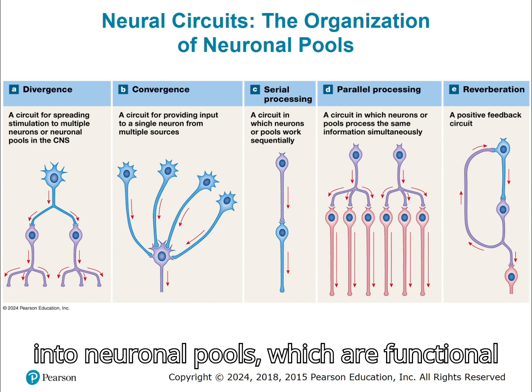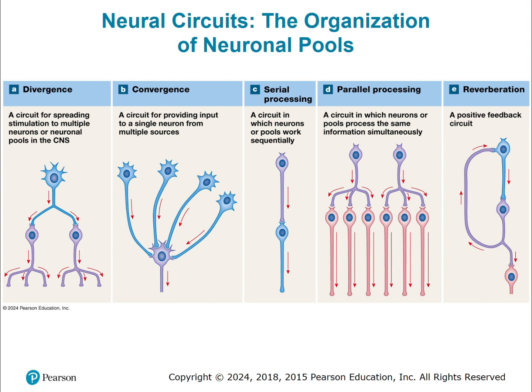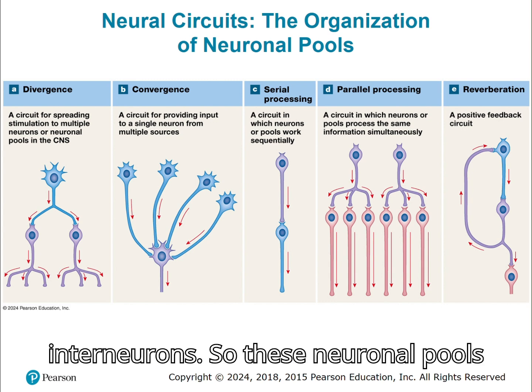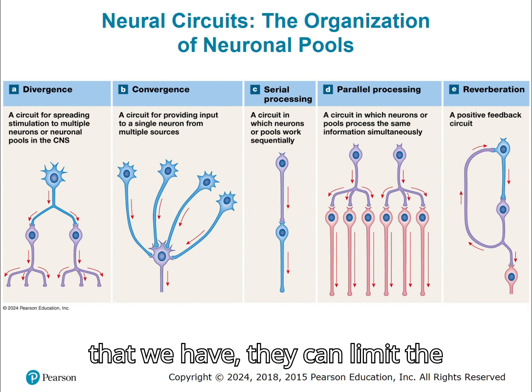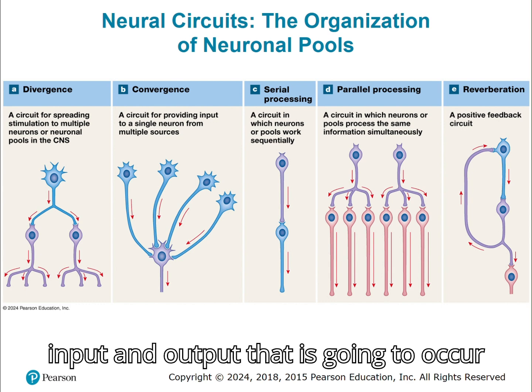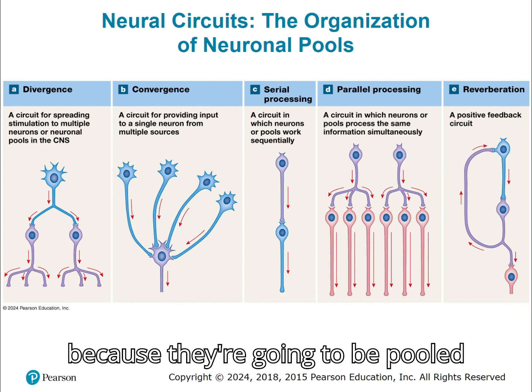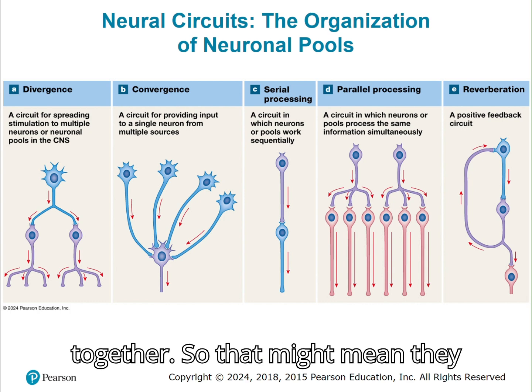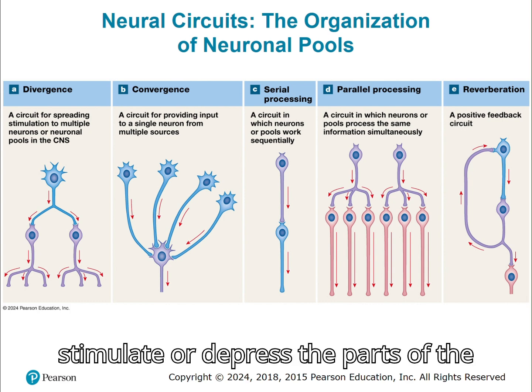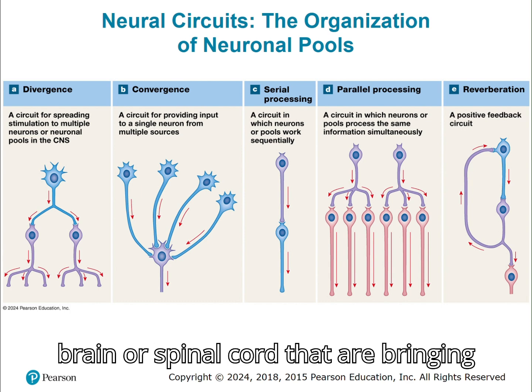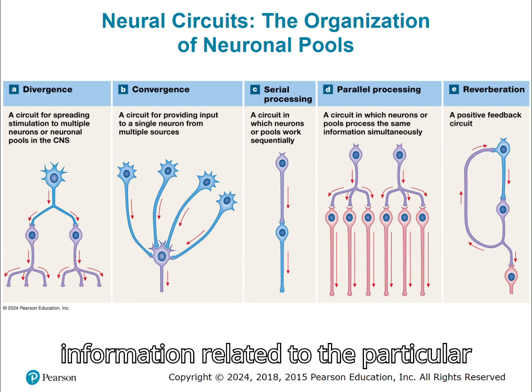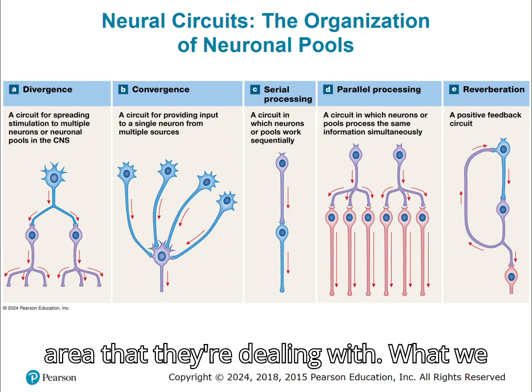These neuronal pools can limit the input and output that is going to occur because they're pooled together. That might mean they stimulate or depress the parts of the brain or spinal cord that are bringing information related to the particular area that they're dealing with.